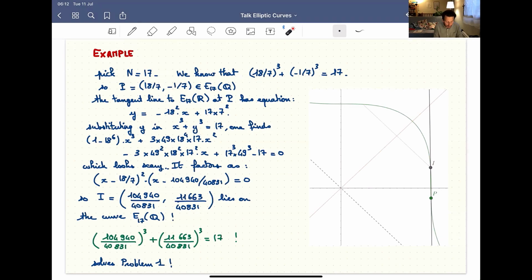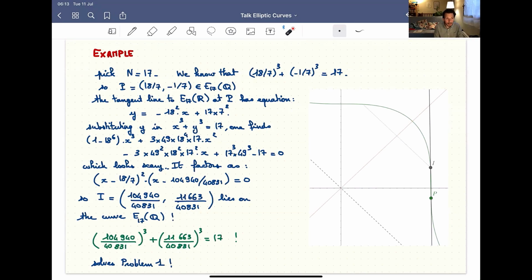And this means that the point I with coordinates given by those huge fractions lies on the curve E17Q. In other words, what this shows is that we have this relation: 104,940 divided by 440,000, etc., cubed plus the other coordinate cubed is equal to 17.